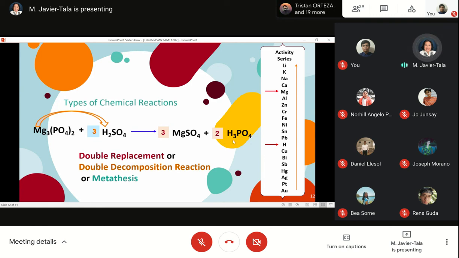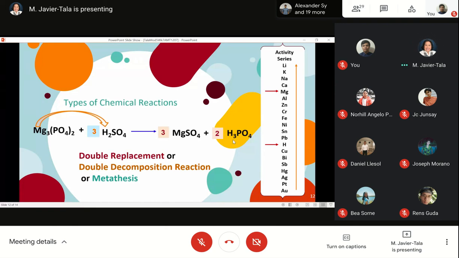And since two compounds were formed, none was left alone. So this is a double replacement reaction, DRR, or you may call it a double decomposition reaction, or a metathesis reaction.